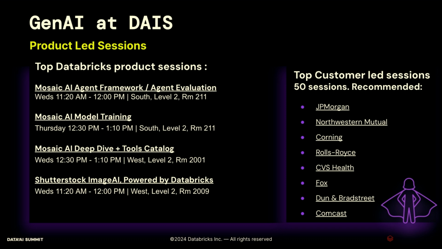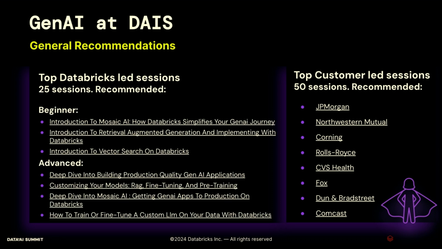It's a new product that we're launching, and it'll make it very, very easy for you to evaluate the quality and also improve and apply the techniques that I showed you on vector search. But there are other things you can also do to improve the quality. Then we're also talking about model training, because fine-tuning and building custom models is very important. So strongly recommend, if you're not already registered with them, to attend them. And if the session is already full, please try and catch them in person.